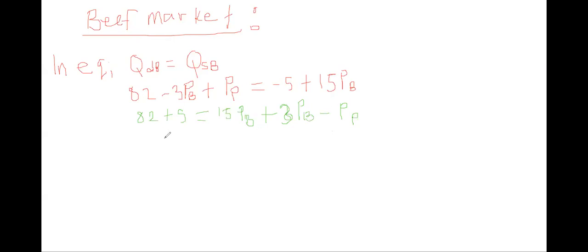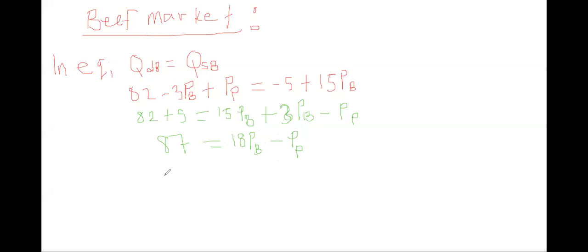So we will have 87 equals to 15 plus 3, that is 18 PB, minus the price of pork.